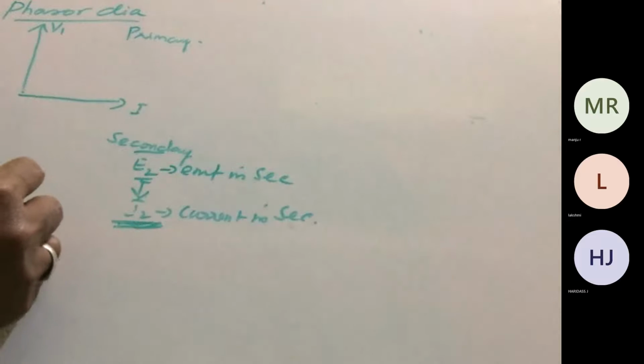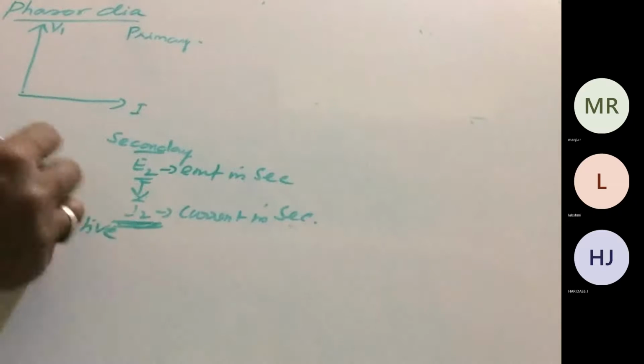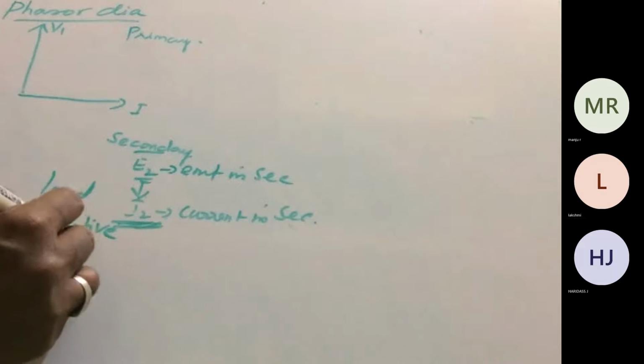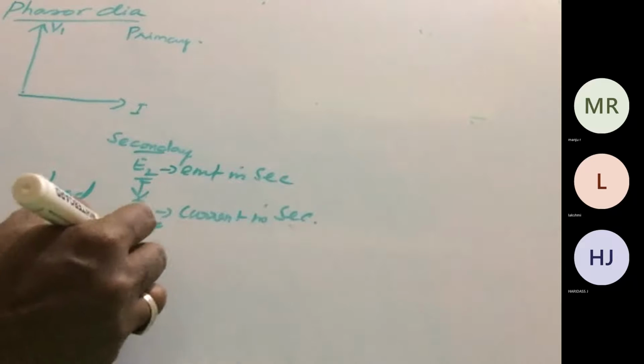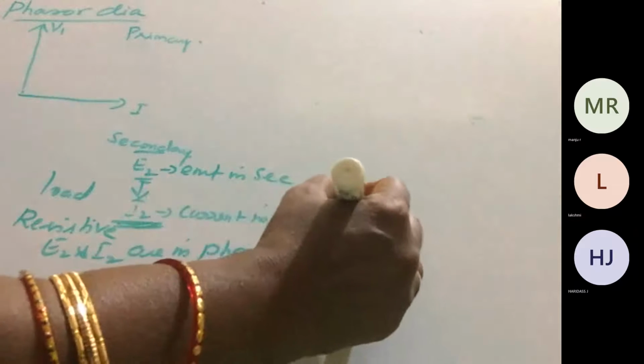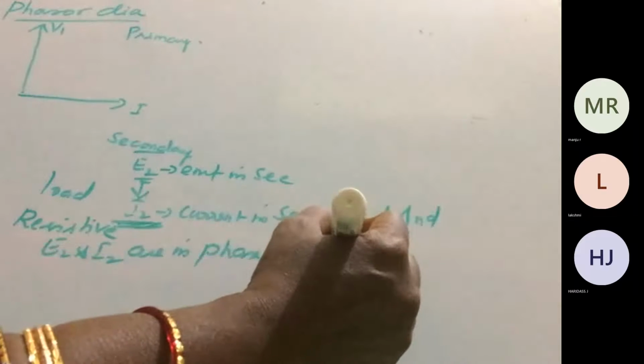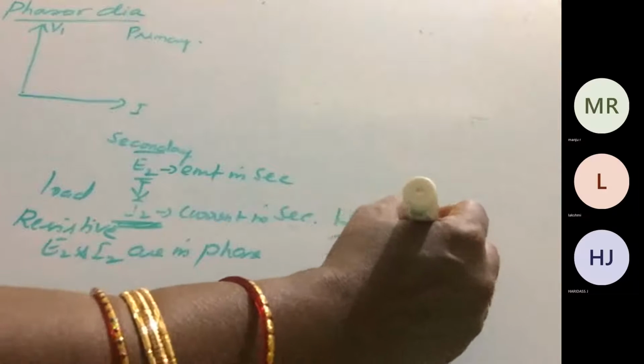If the load is resistive, we can say E2 and I2 are in phase. If the load is inductive, I2 lags E2.